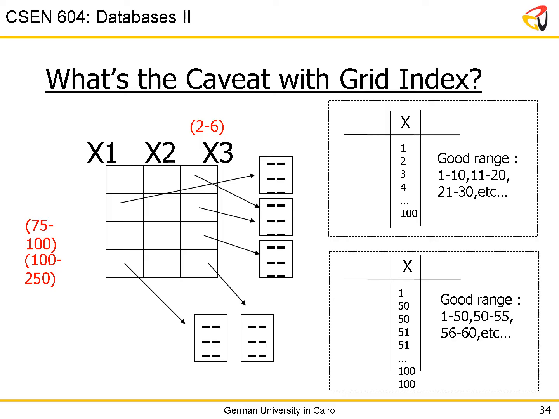So what's the problem then? Why did people invent other multidimensional indices and not just get used to using grid index, since it sounds like it's going to solve all our problems? And here is the caveat, here's the big issue with grid indices.